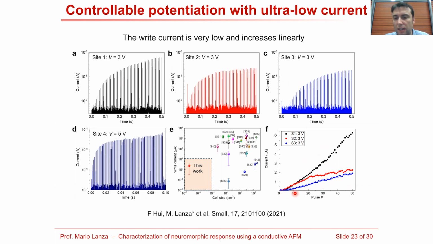This is the current that we measure versus pulse. I have to emphasize that this is write current, not read current, because the measurement is done when we apply the pulse that induces the conductance change, so it's the writing. And this write current is as low as 1 microamp and even below 1 microamp.